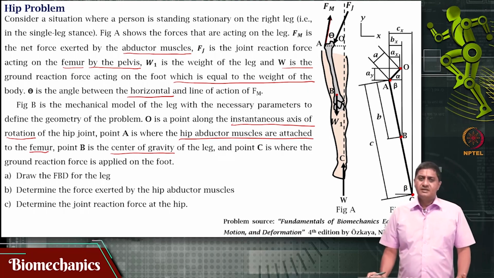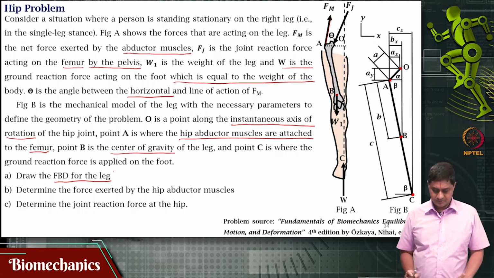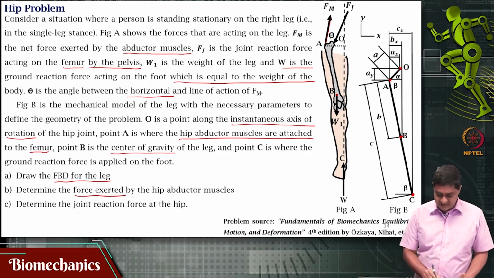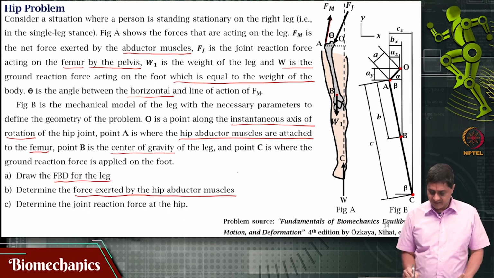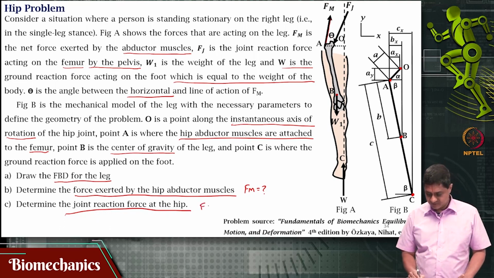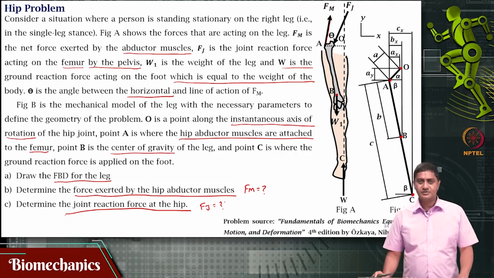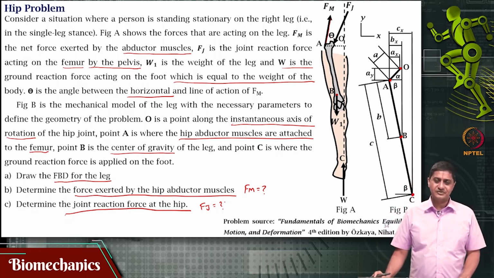The question is: draw the free body diagram for the leg that is shown. Determine the force exerted by the hip abductor muscle, that is, find Fm. Determine the joint reaction force at the hip, that is, find Fj. This is a problem that we have sourced from a textbook with due thanks to the authors.